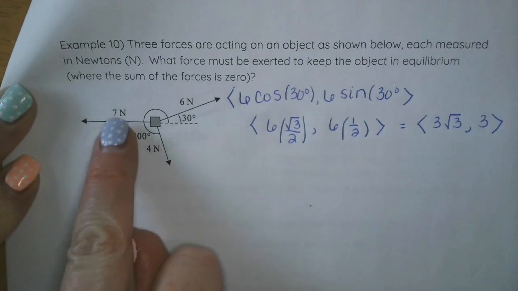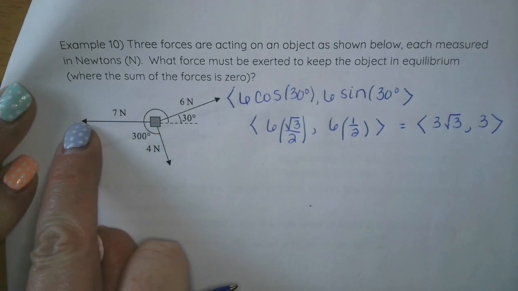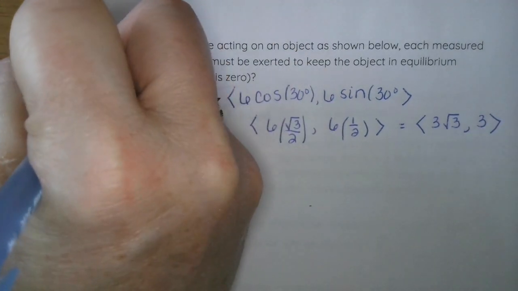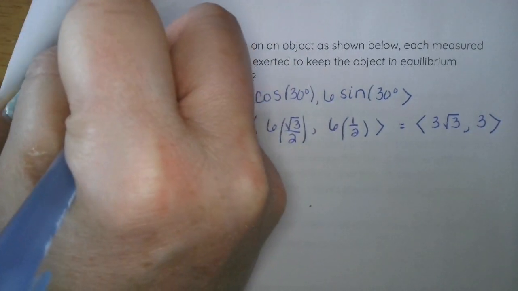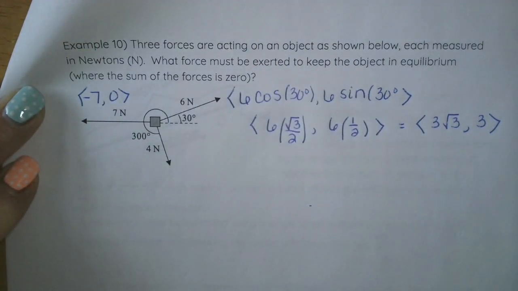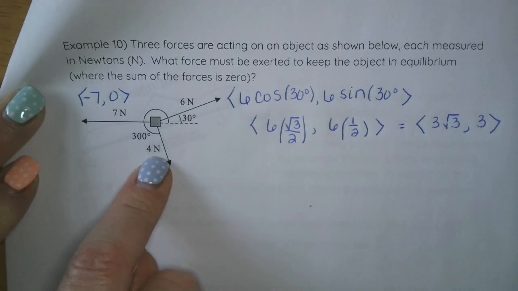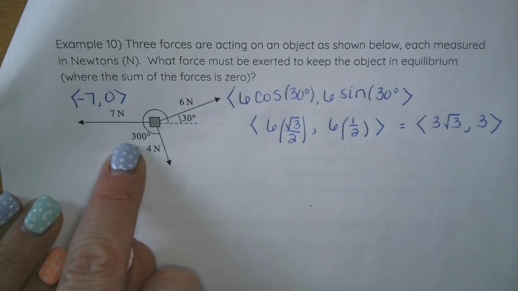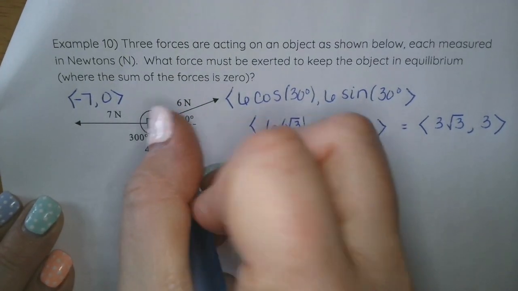The component of 7 newtons, we're going exactly left here, so we're going to have the component of negative 7, 0, because there's no angle that it's justifying here. However, our 4 Newton is going downward, of course, but we are at a specific degree value of 300.